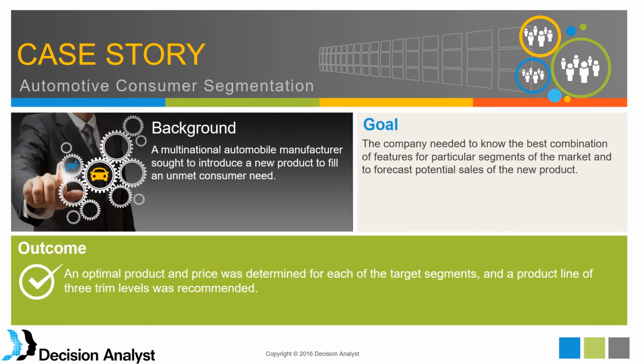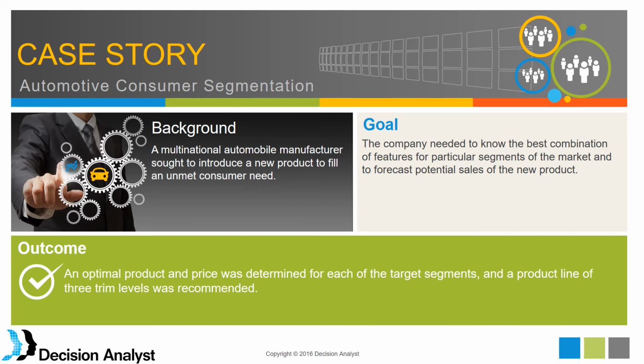So this first case study comes from the realm of consumer automotive. For this particular client, it is a multinational automobile manufacturer, and this manufacturer was in search of the next new big product idea. This was purposed to fill an unmet consumer need.